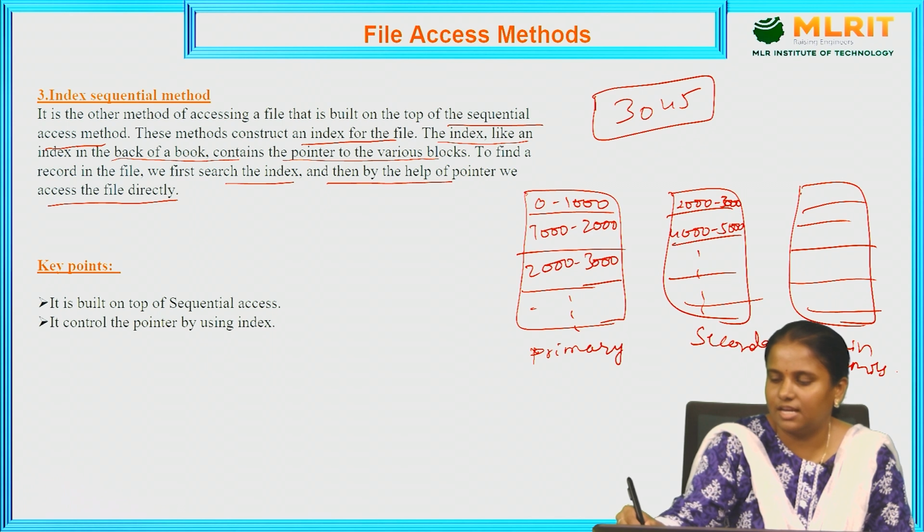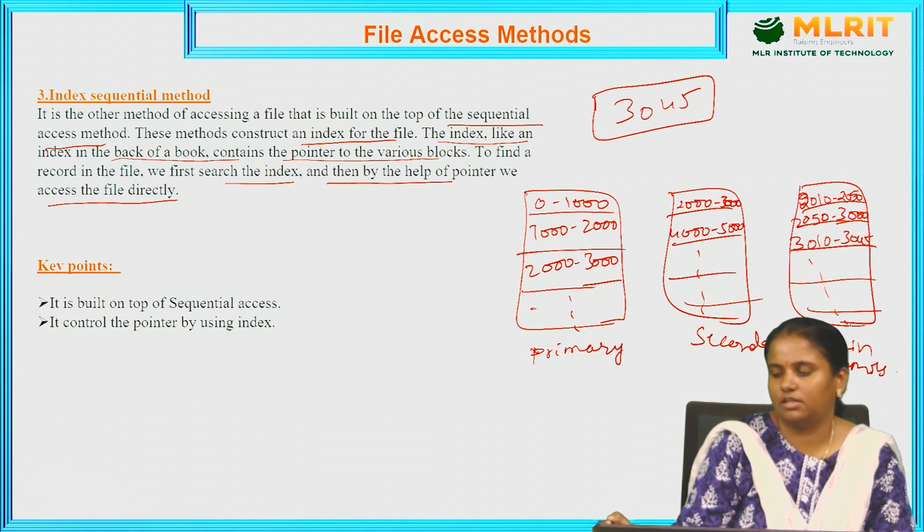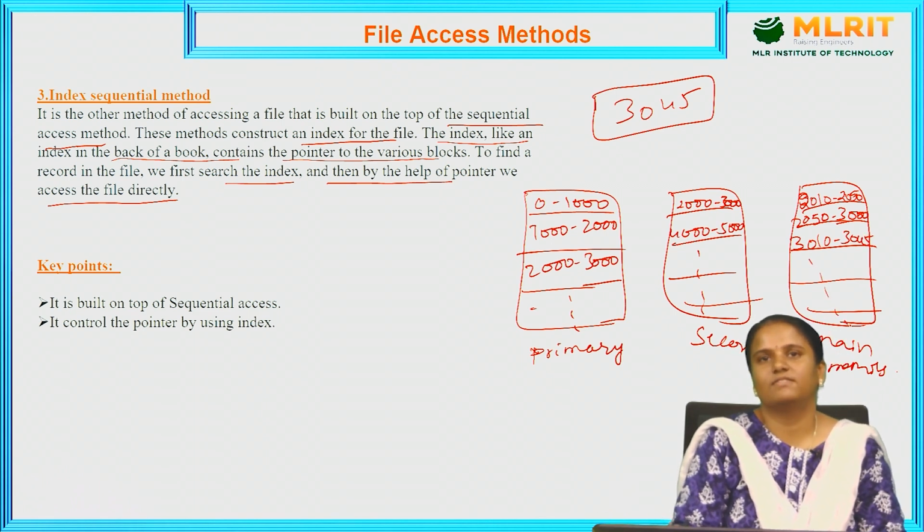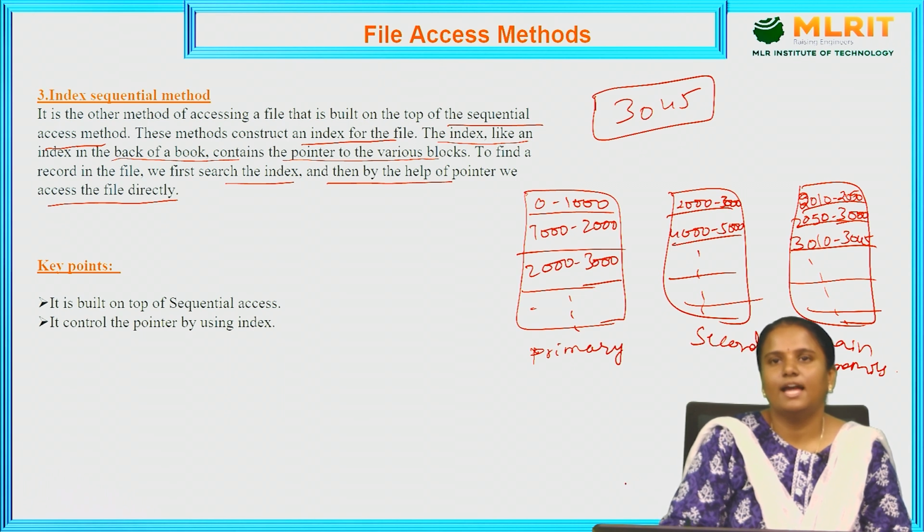Next, starting from 2010 to 2050, then 2050 to 3000, and next I am taking 3010 to 3045, and so on. These are the files which are placed with the index numbers.